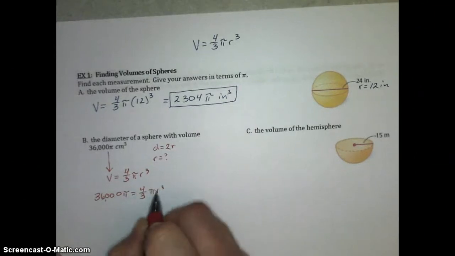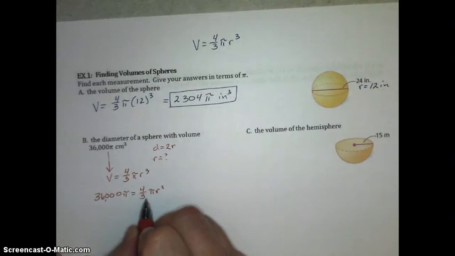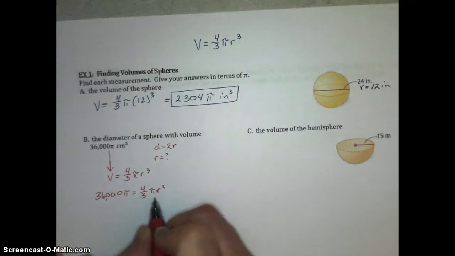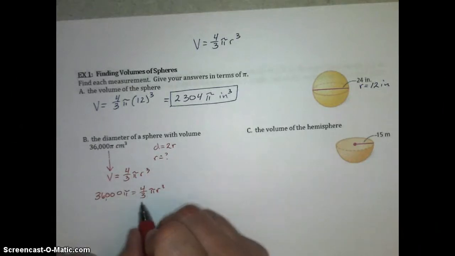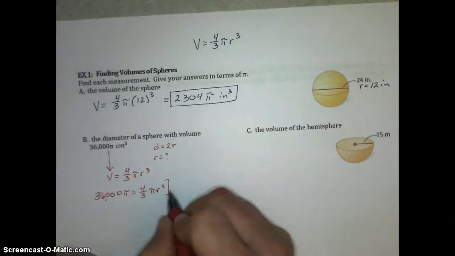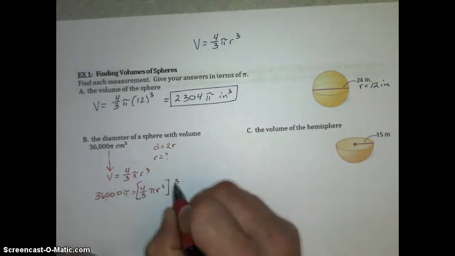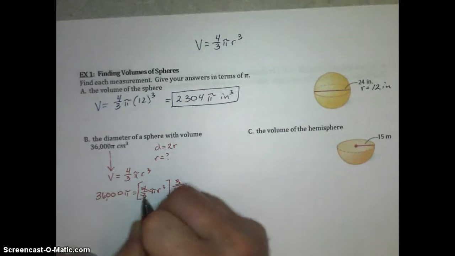Now the idea is to get r cubed by itself. And so here's what we're going to do. We're going to multiply both sides by 3/4 pi so that we can divide by 4 on both sides, divide by pi on both sides, and multiply by 3. That'll cancel these and these.